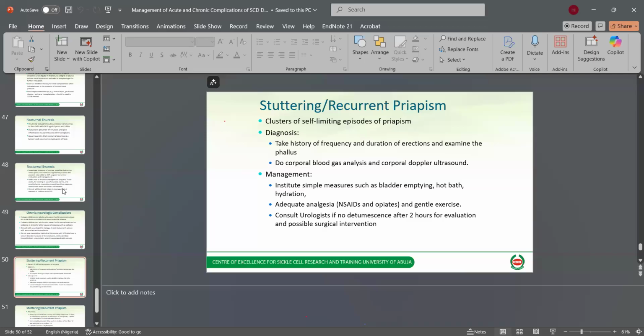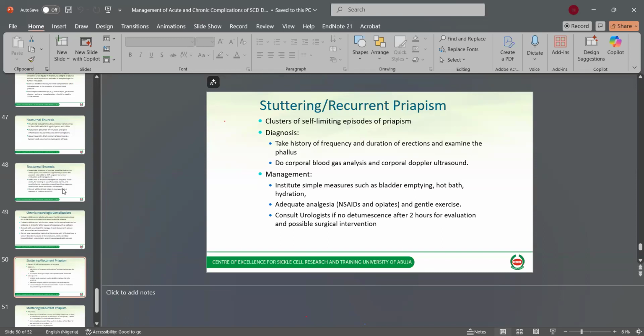Then priapism, stuttering or recurrent priapism. Clusters of self-limiting episodes of priapism can occur in sickle cell disease. Take a history of frequency and duration of erections and examine the phallus. Do corporal blood gas analysis and corporal Doppler ultrasound.